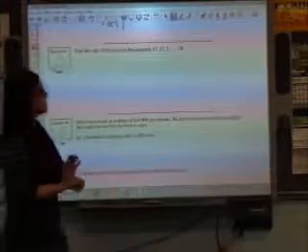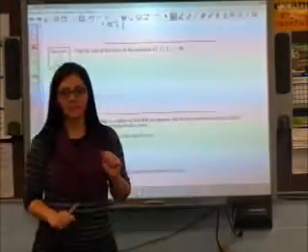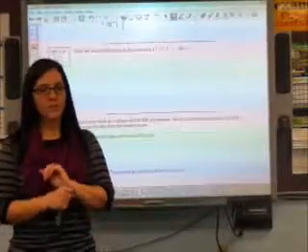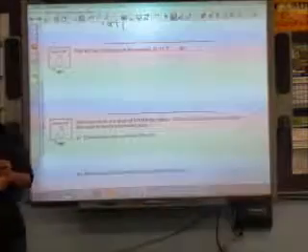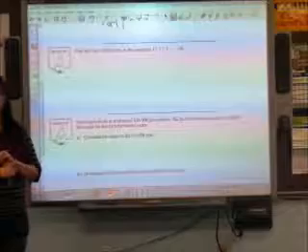Okay, let's look at the third example. Find the sum of the terms in the sequence 17, 12, 7, all the way up to negative 38. So what do you know about this sequence?